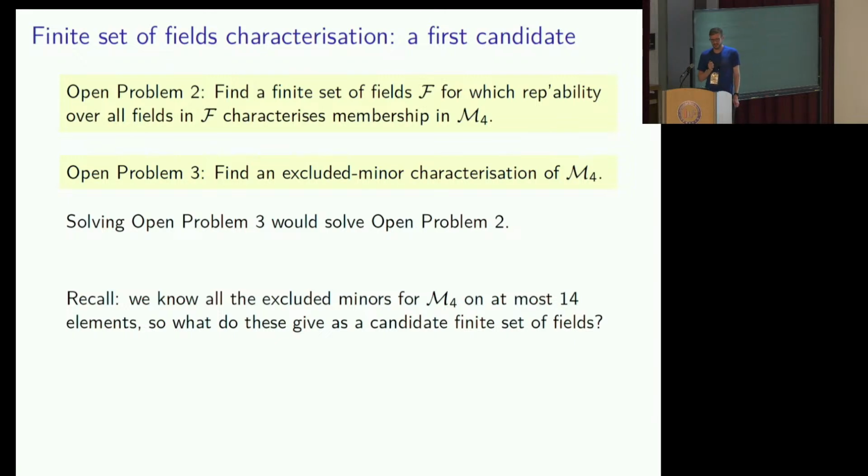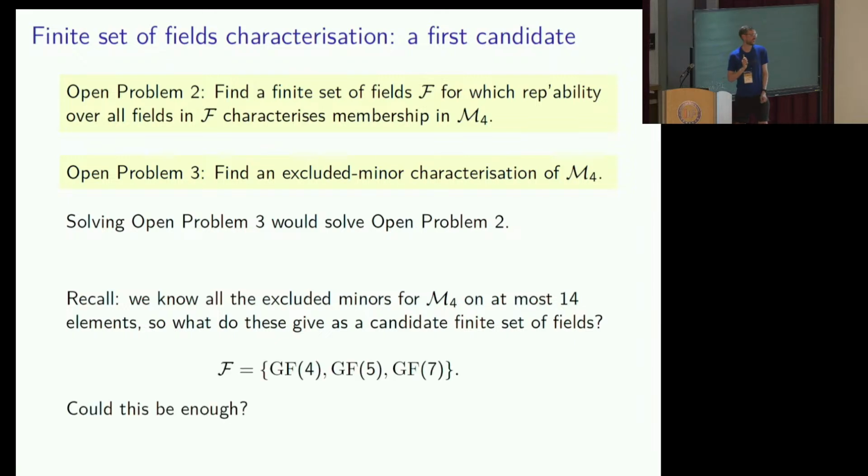Okay, so the other side of that, we know from these computer searches all of the excluded minors up to size at least 14. So we can ask, what seems like a candidate set of fields for our finite set here? For each of them, let's look at the field larger than 4 that they're not representable over. And it turns out that all that we get is GF5 and GF7.